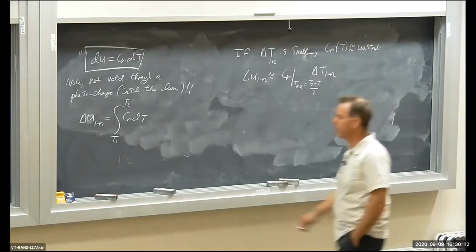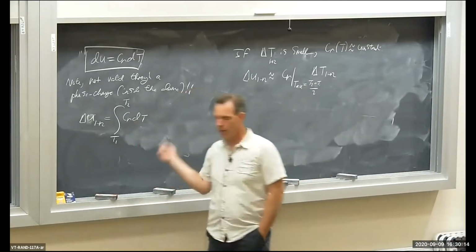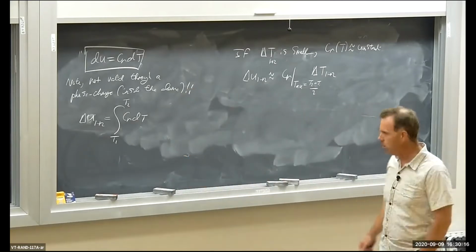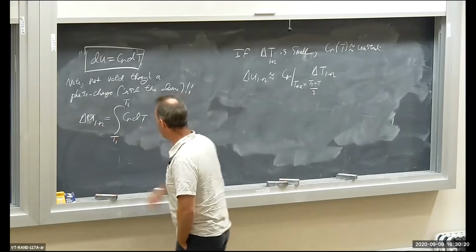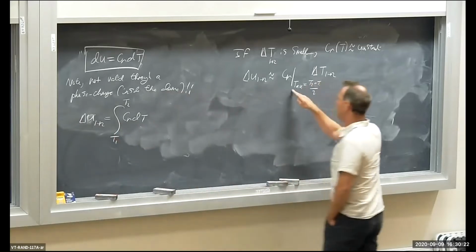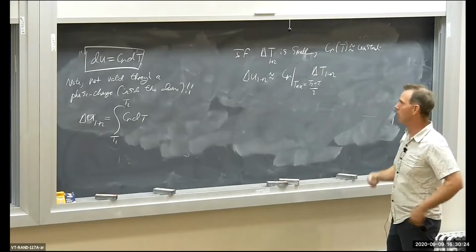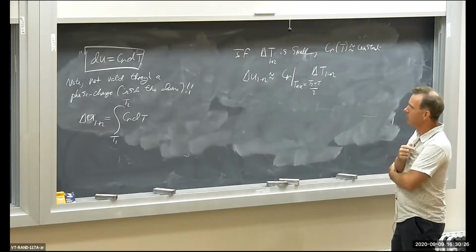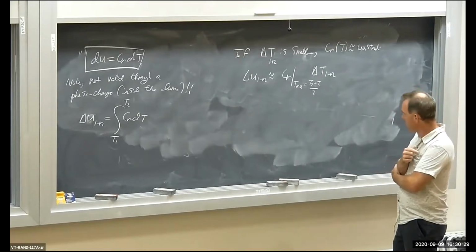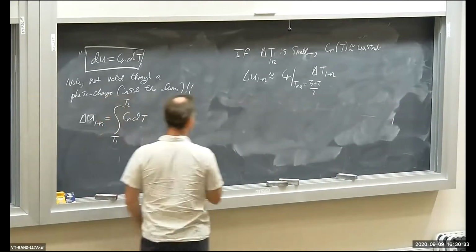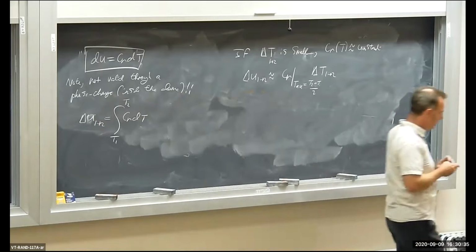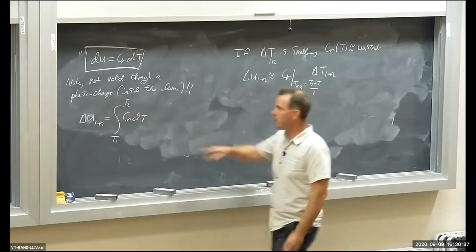So in this integral, if we assume constant specific heat, and delta T is quite small, we can pull the CV out of the integral, and I get CV integral dT, and that gives me CV delta T from 1 to 2, if delta T is small. All right? So this is our first property relationship. du is equal to CV dT.